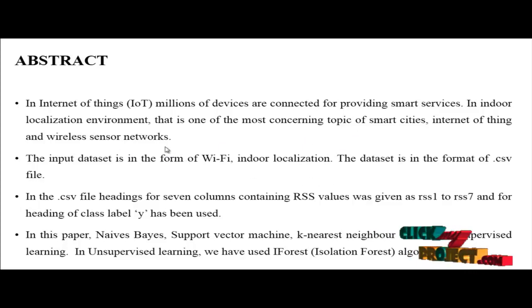The dataset is normally in .csv format, but here a text file is used, so the text file is converted to a .csv file. The CSV file has 7 columns containing RSS values, and a class label Y has also been used. The 7 columns are the RSS values, from RSS 1 to RSS 7.